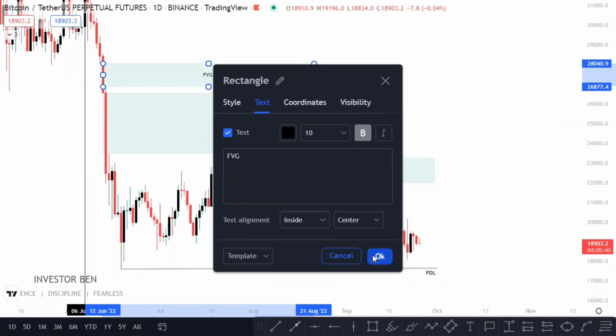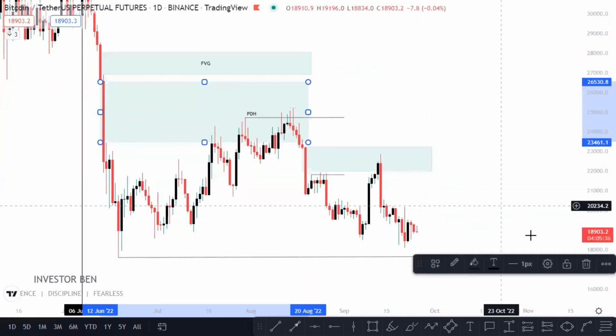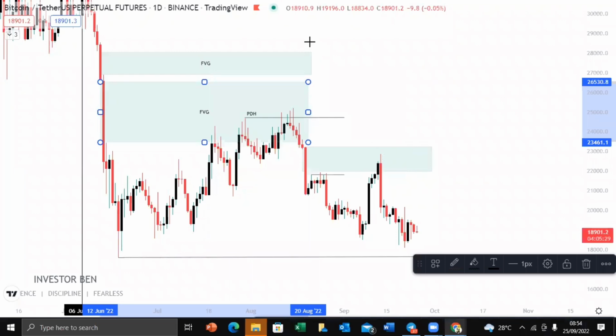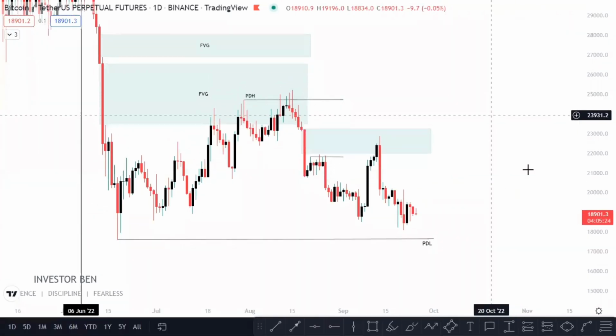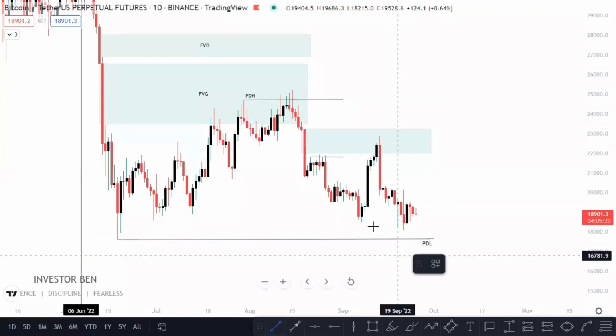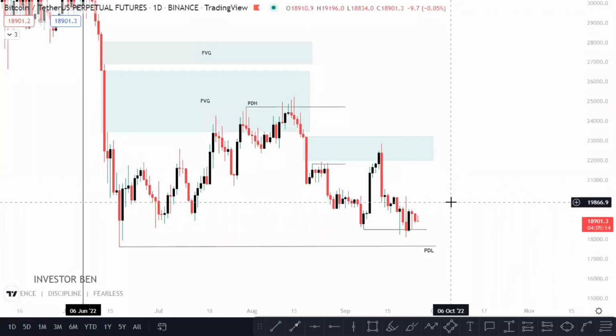Every FVG, and this was an FVG too. So let's bring out all our structures, a fair value gap at this point inside. I'm identifying every structure in this chart. And we have your low at this point. Yeah, so let's get started now.